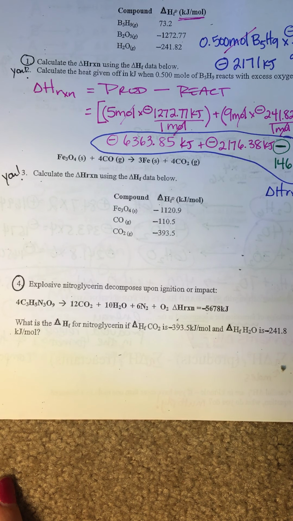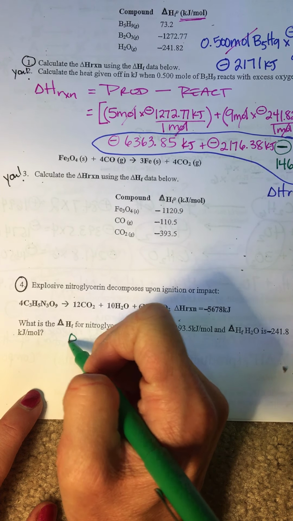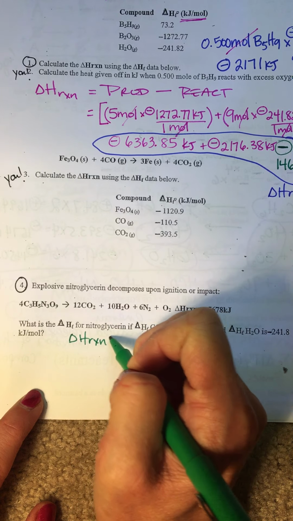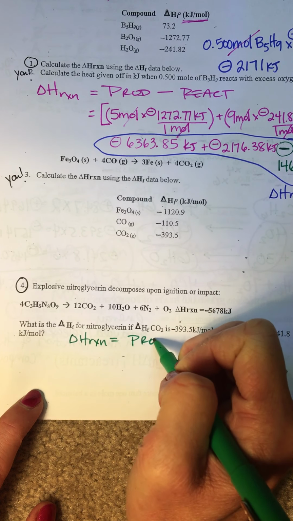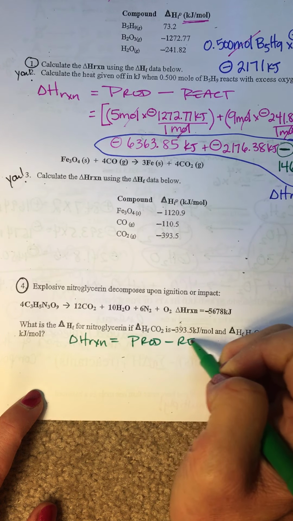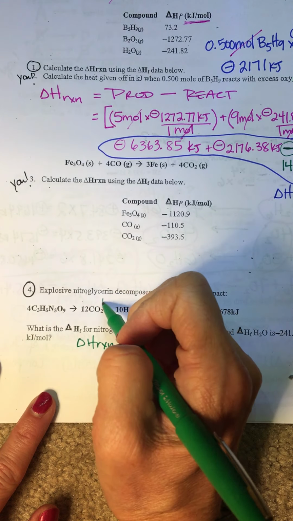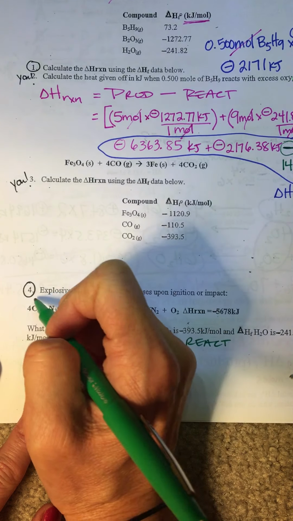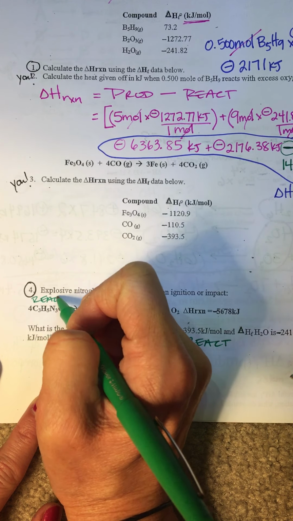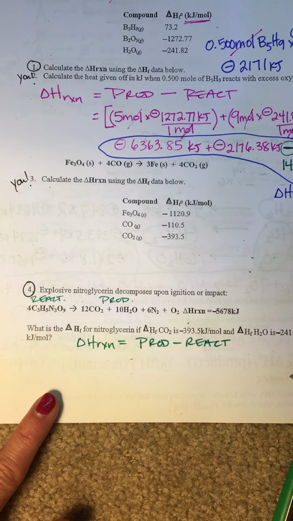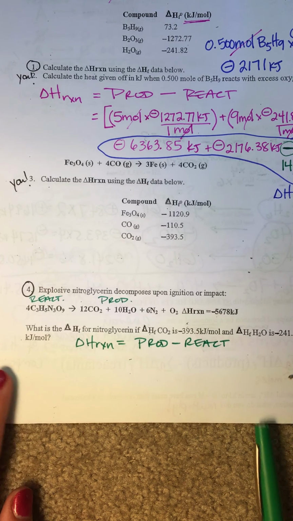and then you've got to do your algebra. Okay, so again, thinking the delta H of our reaction is equal to the products minus the reactants. Okay, so that's what we're thinking there. These are our products. This is our single reactant right there. Okay, crossing out any elements so we don't have to worry about them.